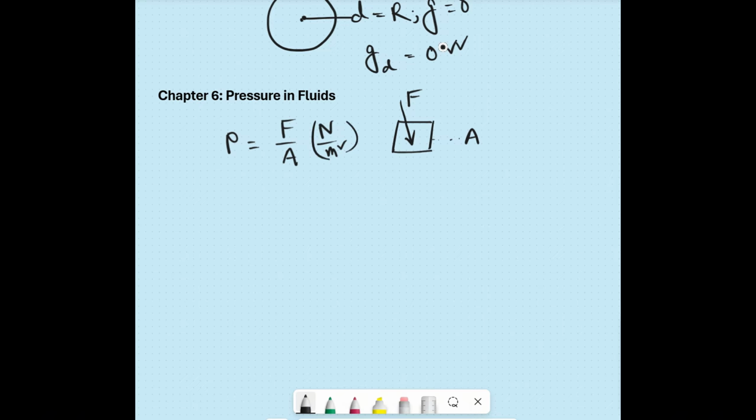Newton per meter squared equals 1 Pascal, or Pa, same thing.